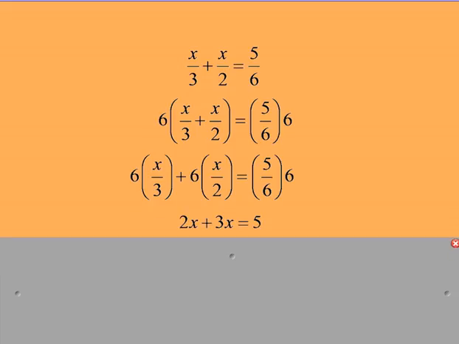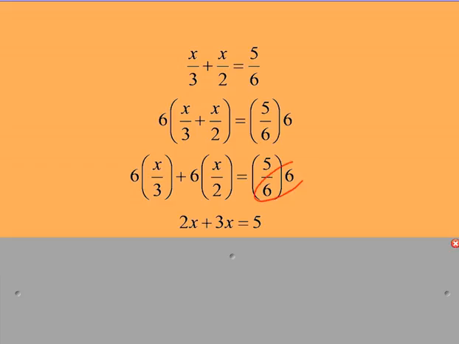And what do we come up with? 2x plus 3x on the left side. Of course, 6 divided by 3 is 2, and 6 divided by 2 is 3. So that's where those numbers are coming from. And the nice thing is, our fractions are gone. 2x plus 3x equals 5.